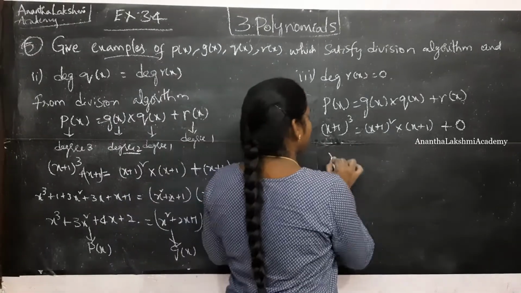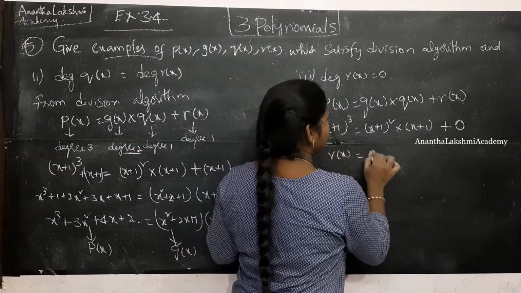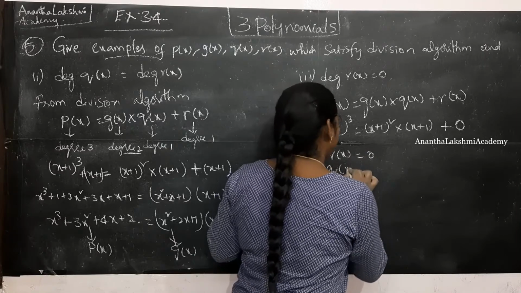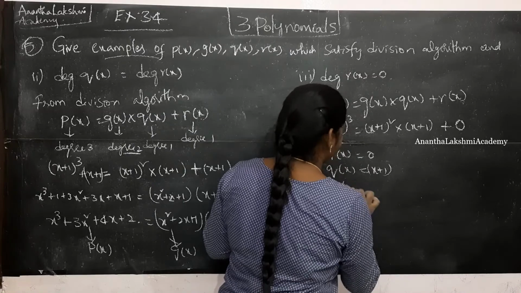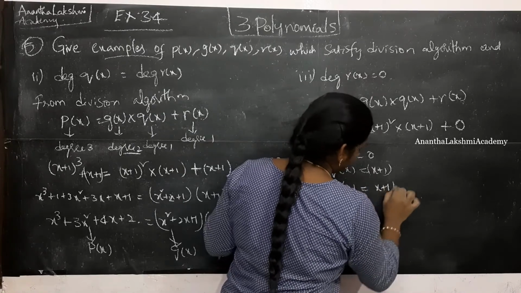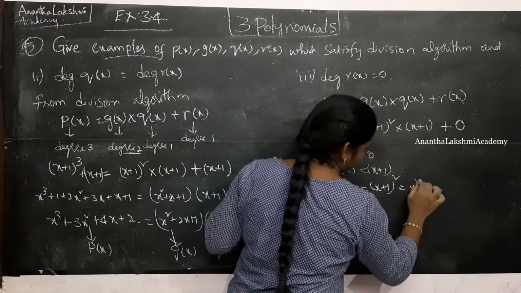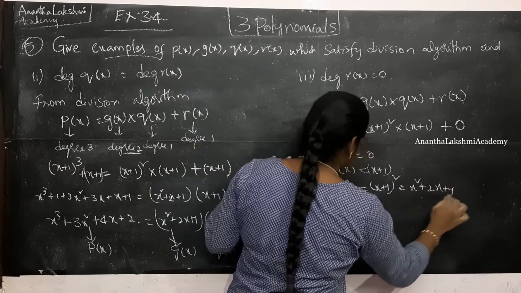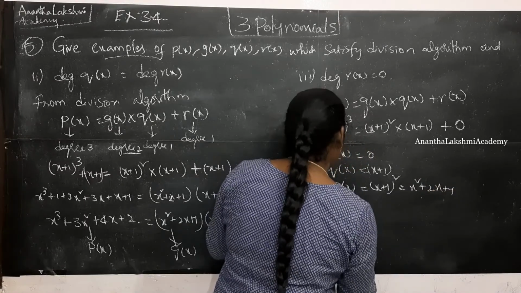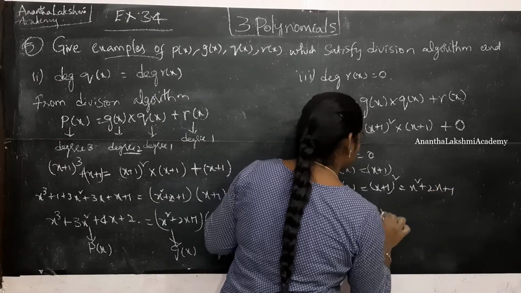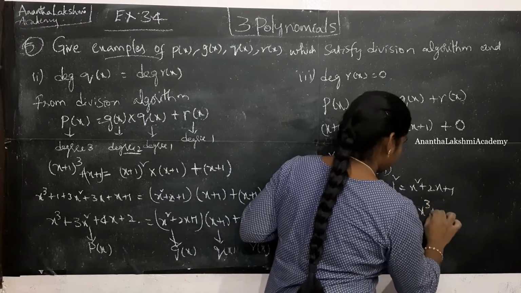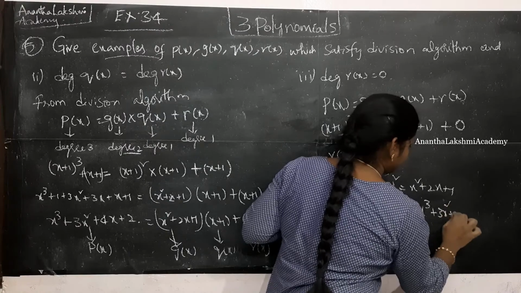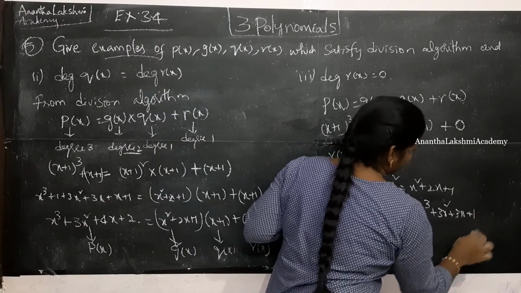Now that here r of x is equal to 0, q of x is equal to x plus 1, g of x is equal to x plus 1 whole square, which is nothing but x square plus 2x plus 1, and p of x is equal to x plus 1 whole cube equal to x cube plus 3x square plus 3x plus 1.